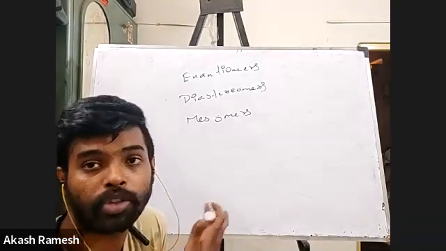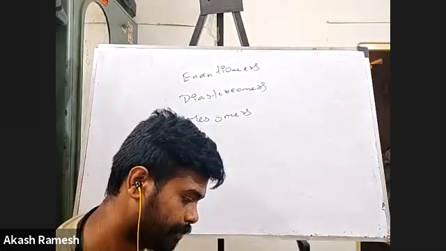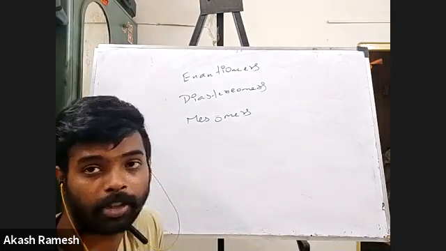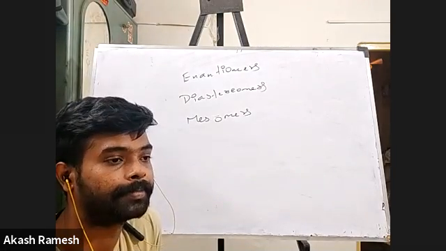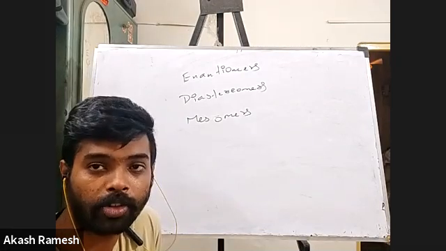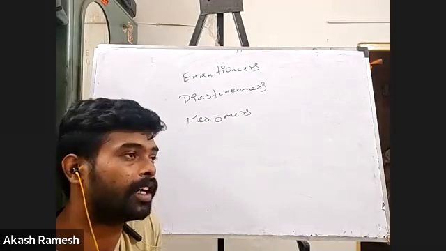Right. Next, mesomers. Mesomers definition. It's exactly opposite of enantiomers. They are superimposable mirror images. So just take down.